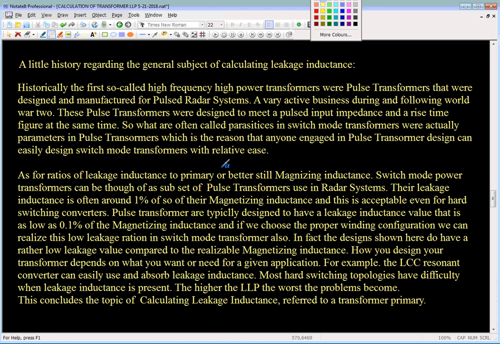These pulse transformers were designed to meet a pulse input impedance and a rise time figure at the same time. So the leakage inductance parameter and effective capacitance looking at the primary, most power supply designers look at those two numbers and call them parasitics. They're not really parasitic to the pulse transformer. They're actually parameters we have to design to. As I say, that's how I learned it, and then it enhanced with my experience. So what we often call parasitics in switch mode transformers were actually parameters in pulse transformers.